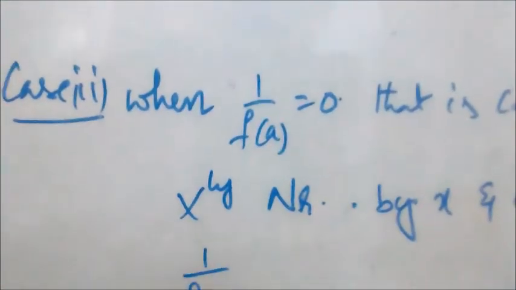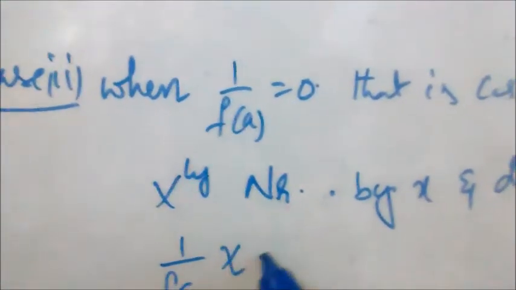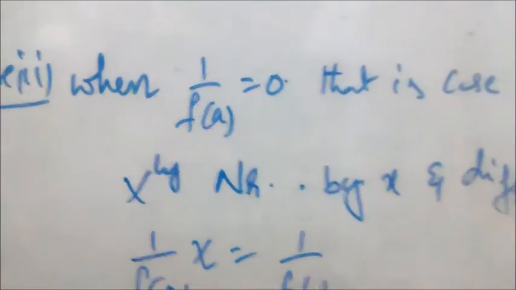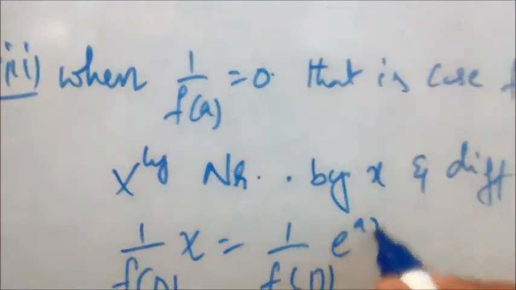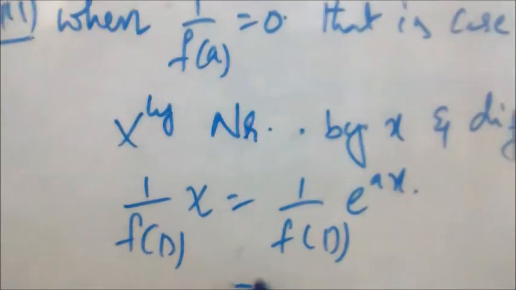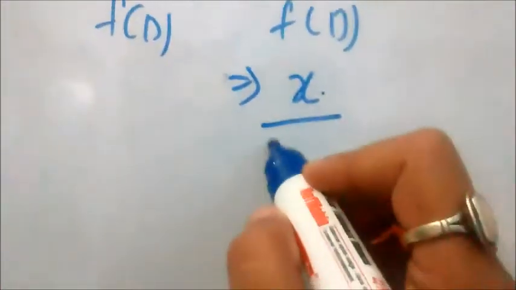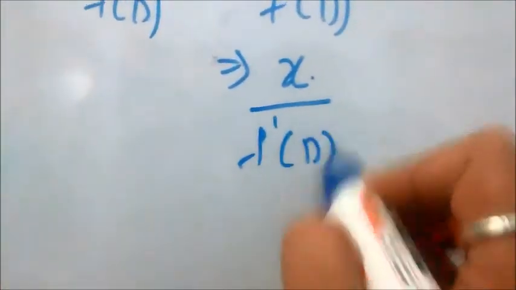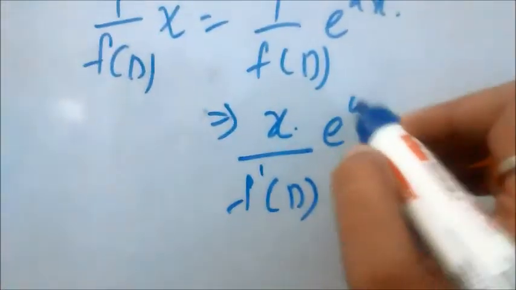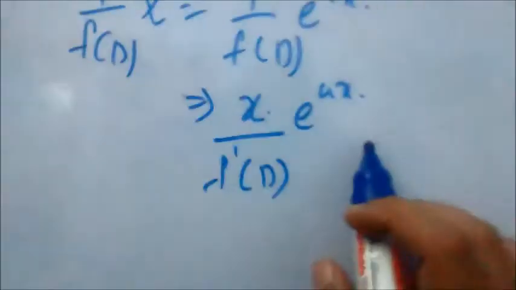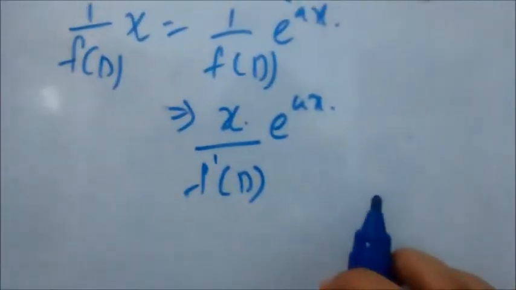1 by f of D into e to the power of ax is equal to 1 by f of D e to the power of ax. To this we are going to multiply the numerator by x, and we are going to differentiate the denominator with respect to D. Again, f of a has to be not equal to 0.